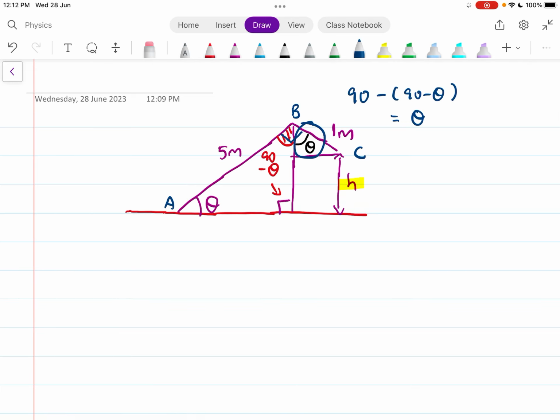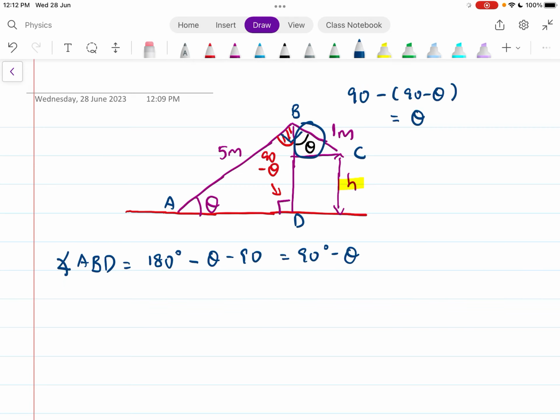So first, I use angle ABD, let's call this D. ABD is equal to 180 minus theta minus 90, so this will give you 90 degree minus theta.